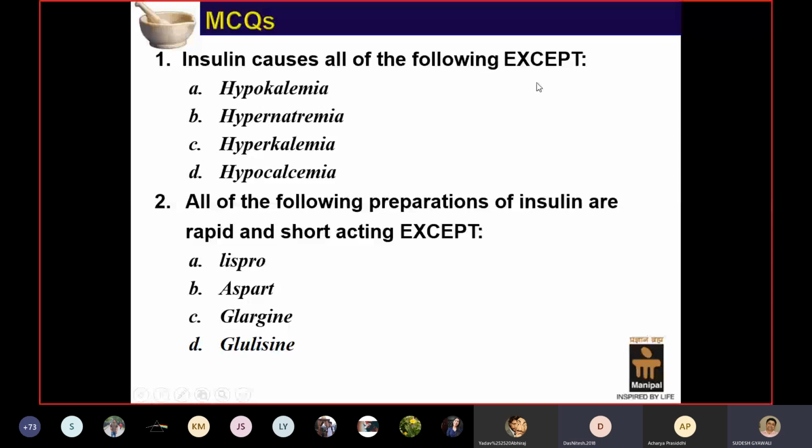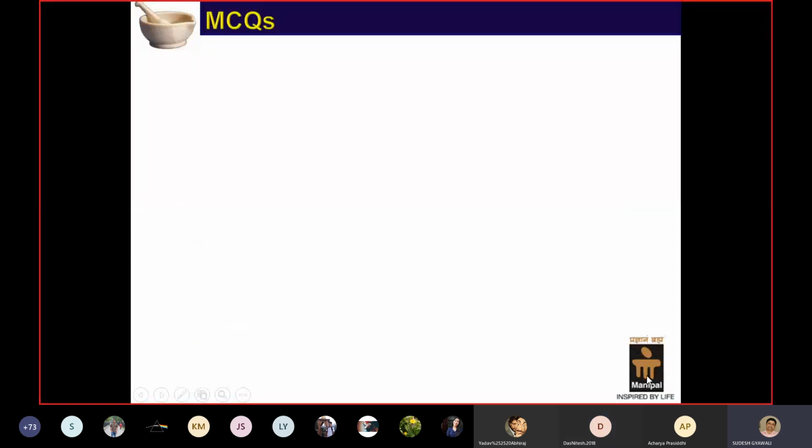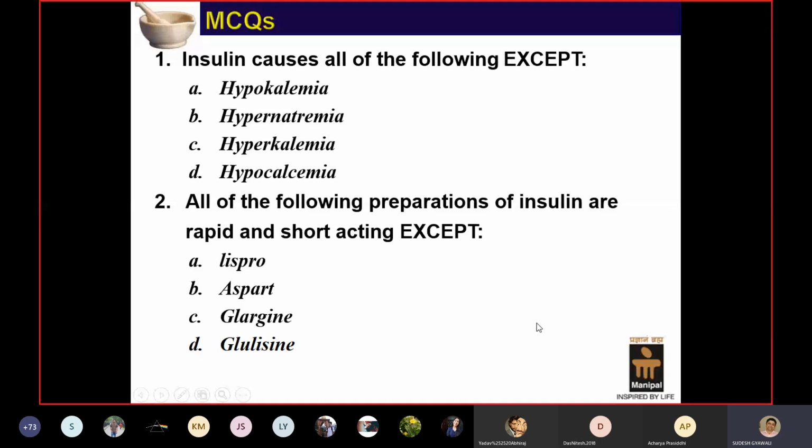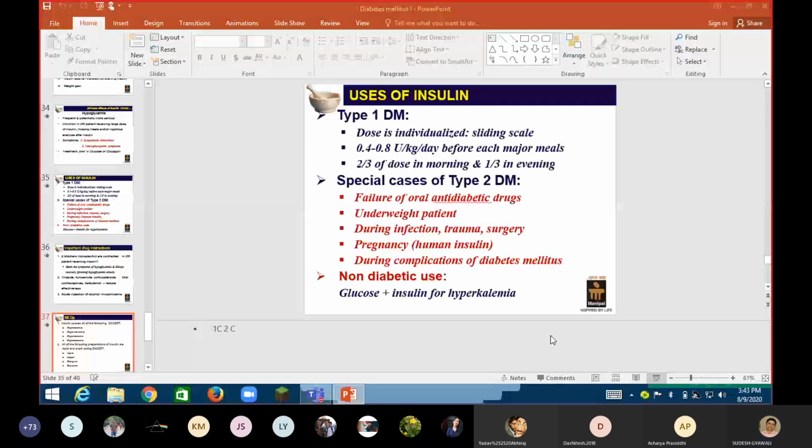So which is not being caused by insulin? Suraj, Acharya Suraj, are you there?